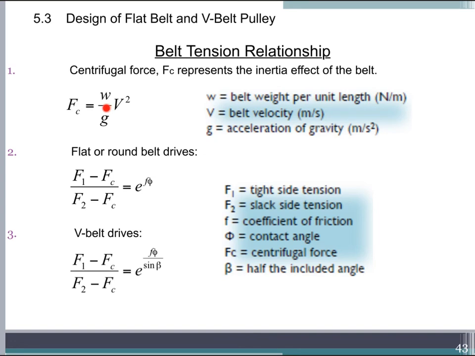So we need to make sure the value we put in this formula must be in Newton per meter. And then g is for gravity, and then V squared is the belt velocity.